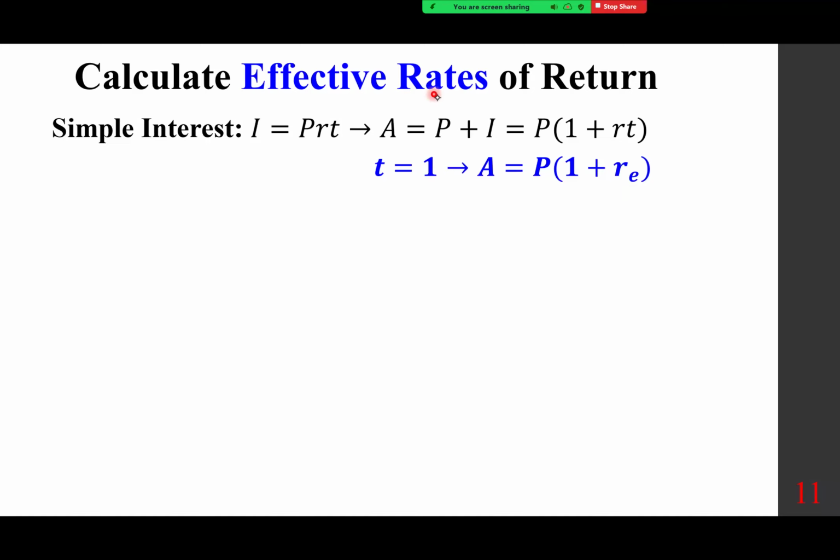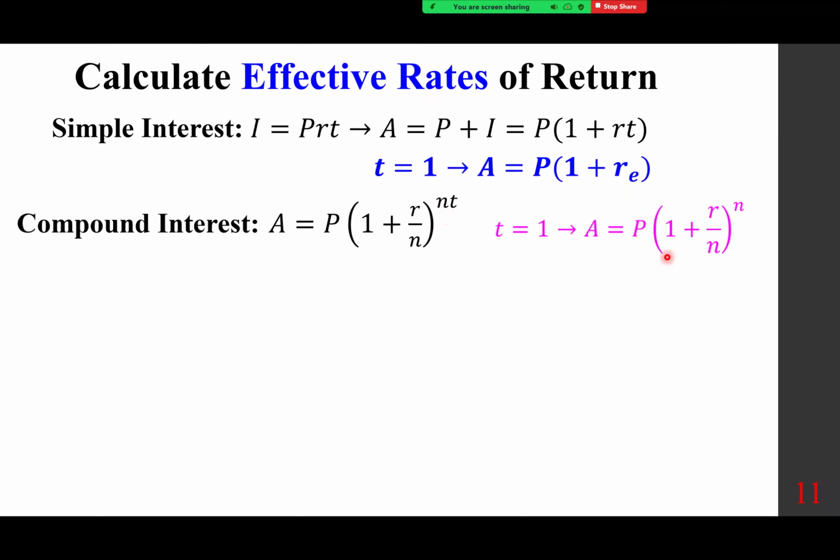Let's look at the compound interest and see what we get. We have this formula for the compounding. Let's use T equals 1 for this one. We want to see the equivalently what happens. And this is what we get. Now, this amount, we set it equal to this amount.